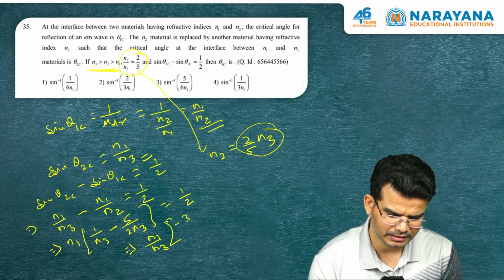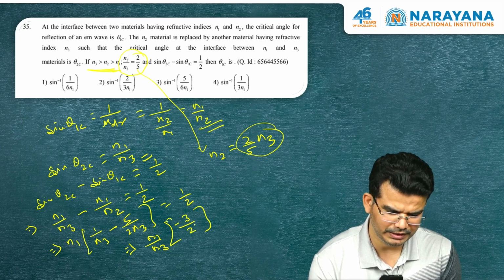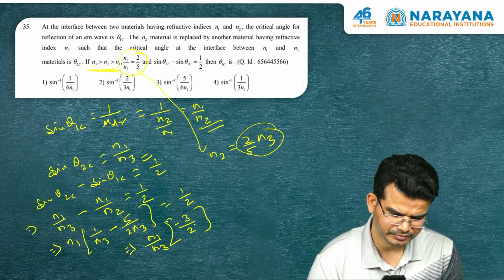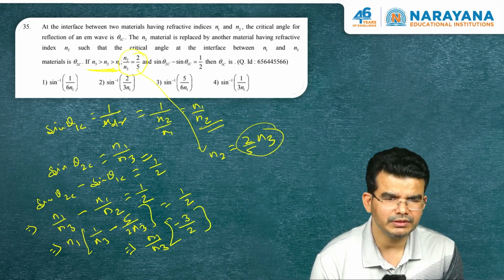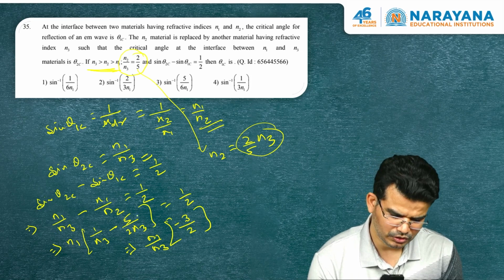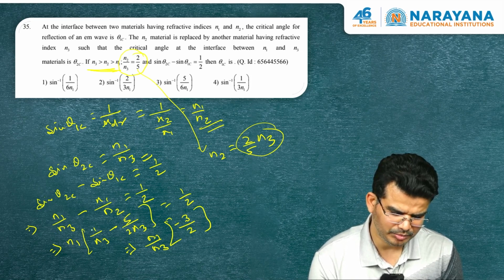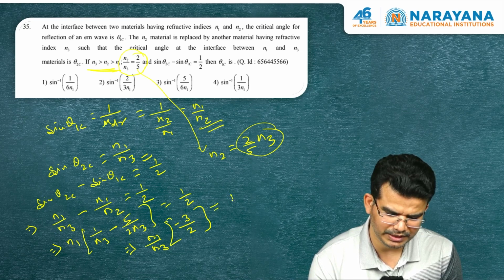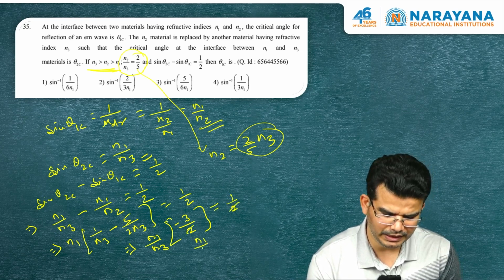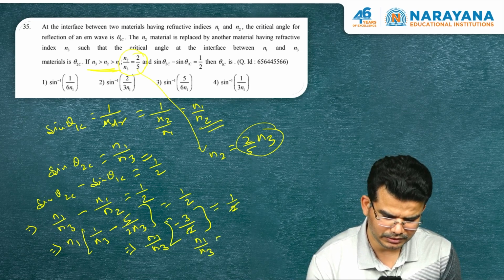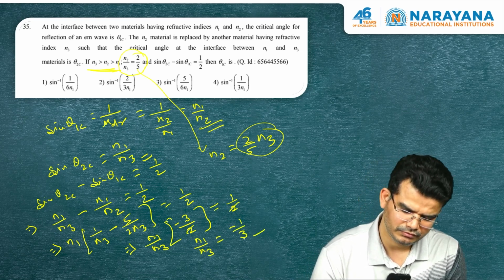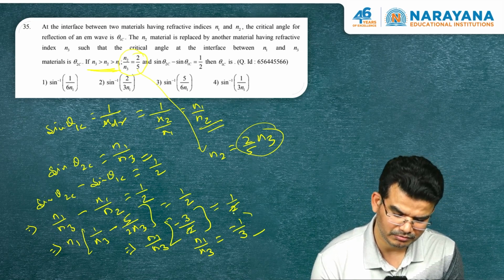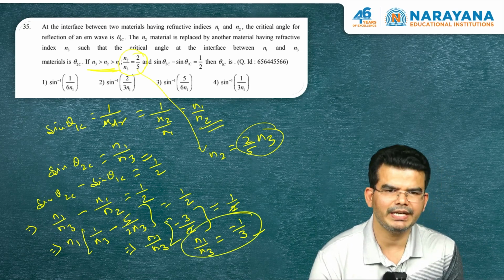Minus 3 by 2, am I correct? Because it is 2 by 5 now, so you can see simply 2 minus 5. So, this is equal to 1 by 2. Okay, 2 gets cancelled. So, from here we are getting N1 upon N3 is equal to minus 1 by 3. Okay. So, this is minus 1 by 3, fine.